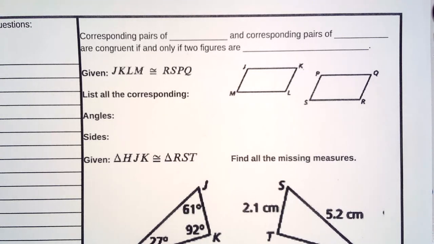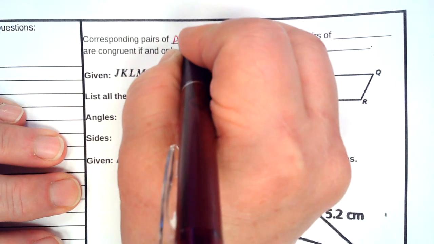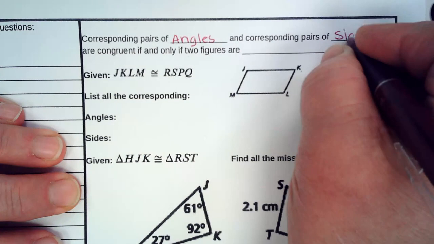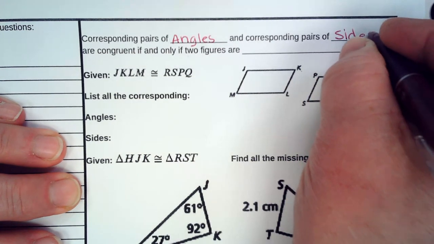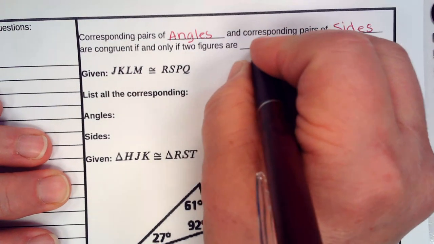Well, when we look at a figure, what does a figure have? Angles and sides. And they're congruent if and only if the two figures are congruent.